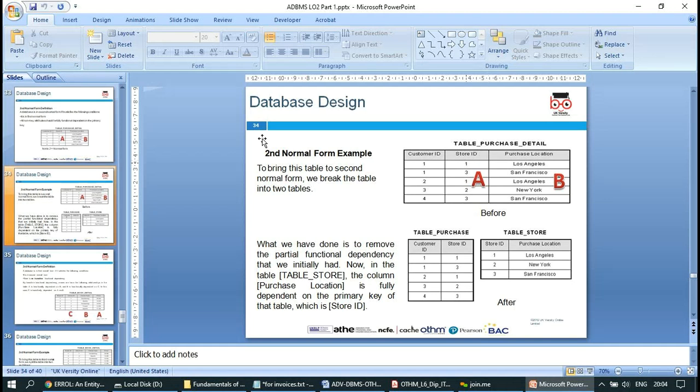Let's say store ID 1 is Los Angeles, and in the same table, if the customers did the purchasing from Los Angeles, let's say 100 times, then what you would be doing there is referring to store ID 1 and Los Angeles purchase location 100 times, the Los Angeles 100 times and the store ID 100 times.